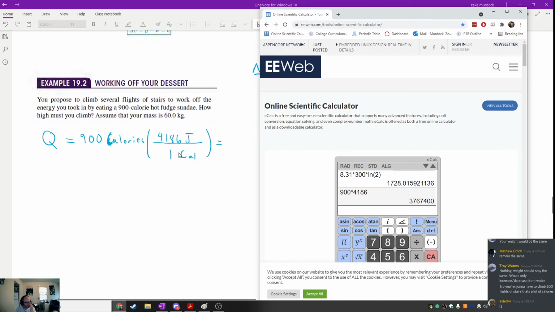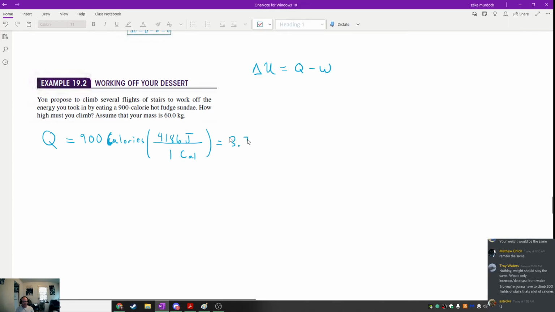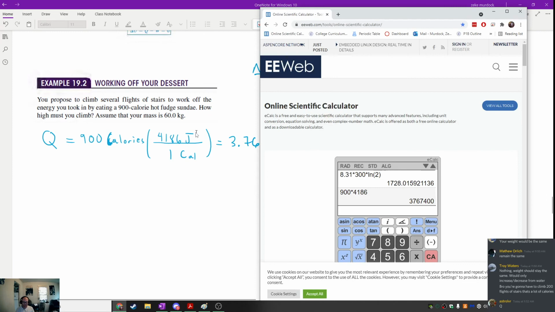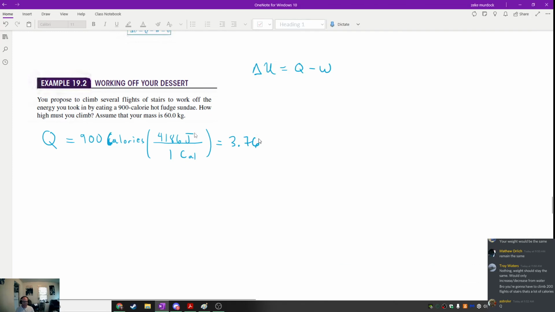I want to make sure I use the same number the book uses. They use 4190 here. Yeah, that's what they use. Okay. So this is 3.767 times 10 to the 6th joules. So that's Q. Okay, so we've got Q, and then it says how high do you have to climb?